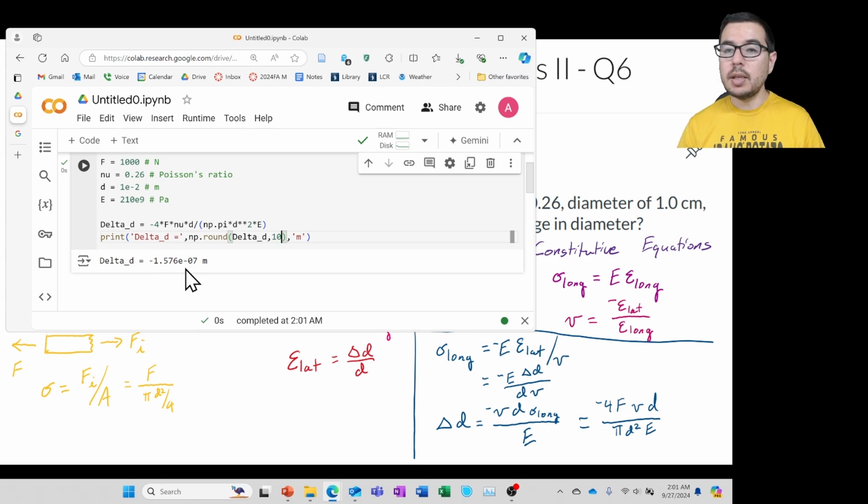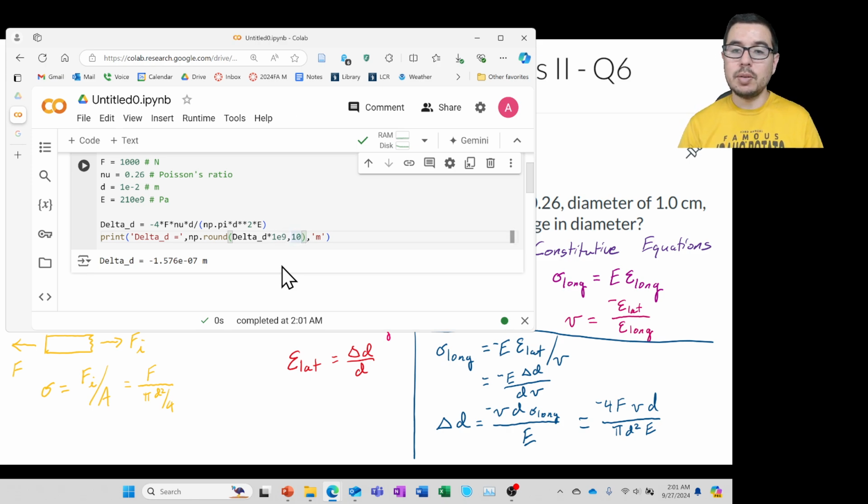Okay, and that's interesting because this number is a little bit hard to understand because you're like, wait, is that a micron? What is that, nanometers? So if I want to get something in nanometers, I'm going to multiply by 1e9. Okay, and then I don't need 10 digits.